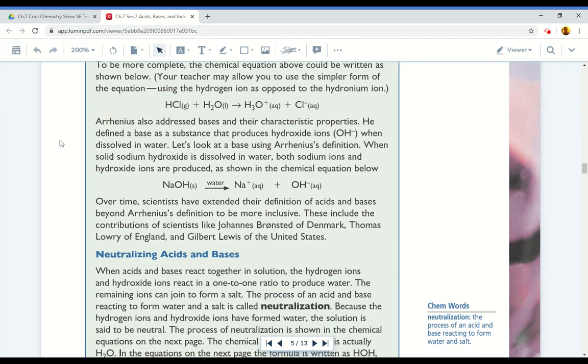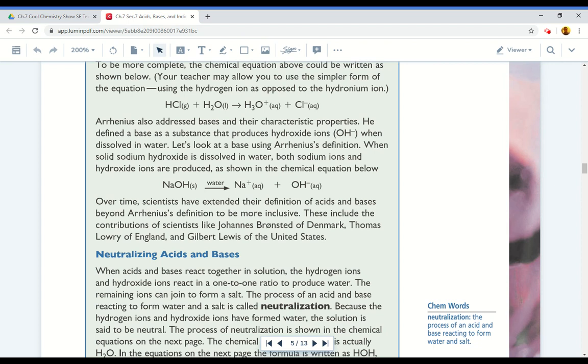Arrhenius also addressed bases and their characteristic properties. He defined a base as a substance that produces hydroxide ions when dissolved in water. Let's look at a base using Arrhenius' definition. When solid sodium hydroxide is dissolved in water, both sodium ions and hydroxide ions are produced, as shown in the chemical equation below.